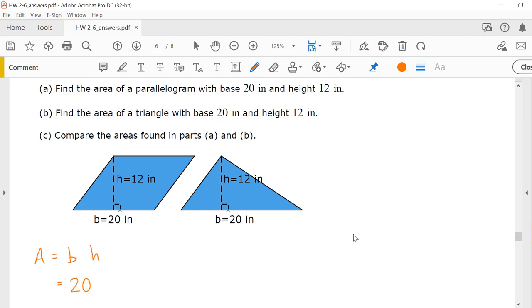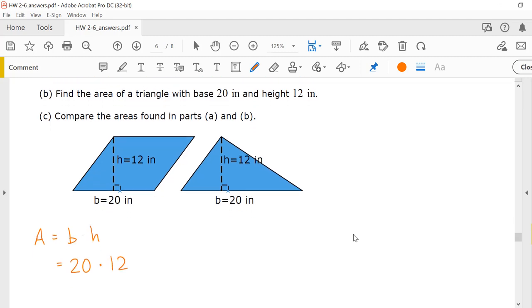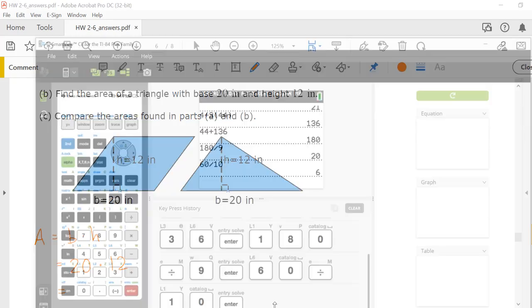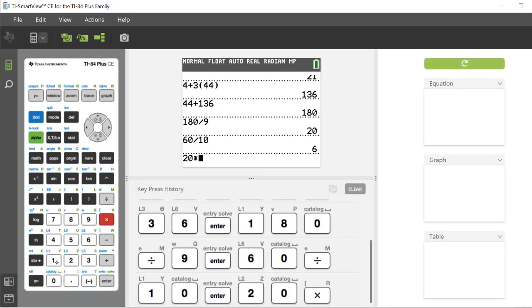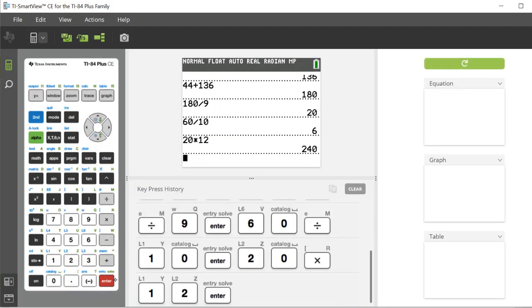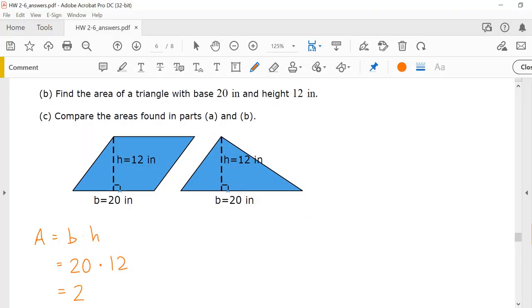Base is 20 inches times height of 12 inches. 20 times 12 is 240. Now the units, it's always going to be squared units. So our answer is 240 square inches.